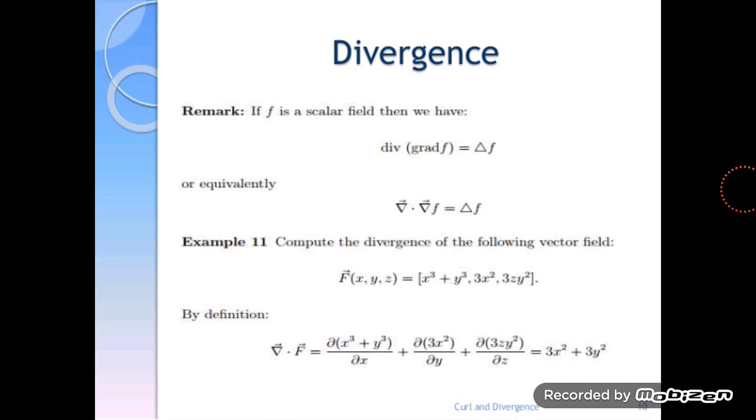By so many examples we can use the divergence and gradient for calculating numerical problems.